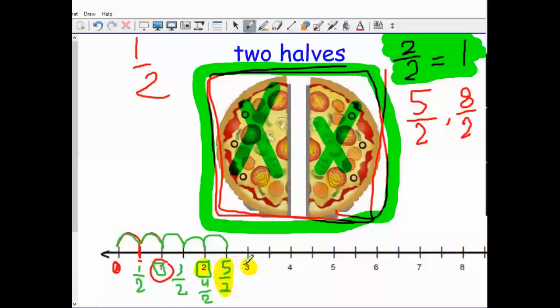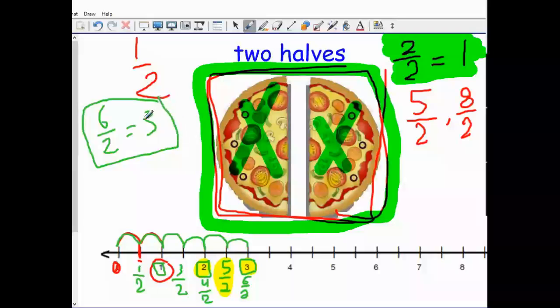After 5 halves, 6 halves. And 6 halves landed on 3. So 6 halves is the same as 3.